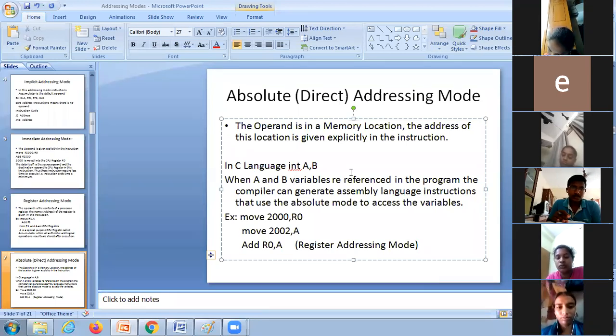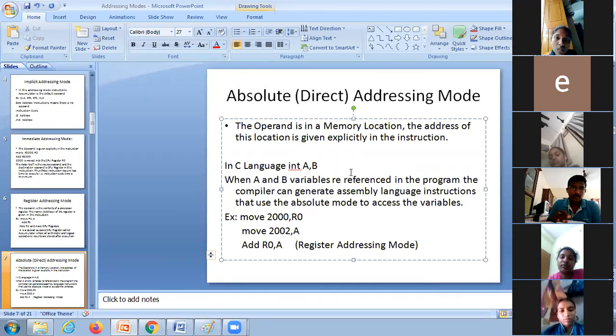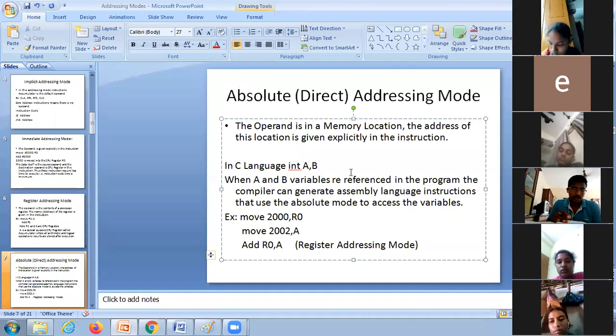In implicit and register modes, we use only registers. In immediate, you can use memory also. There is a possibility of memory, where one of the operands may be memory. If you want to directly move the data given directly to memory, then you can use a memory operand.